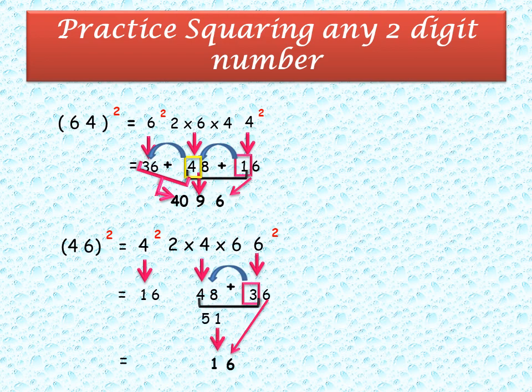So write down 1 below in 51, and 5 in this should be carried forward to 16. So 16 plus 5 becomes 21. So our desired answer for 46 square is 2116. So if you practice this well, friends, it will be very easy in your competitive examinations.